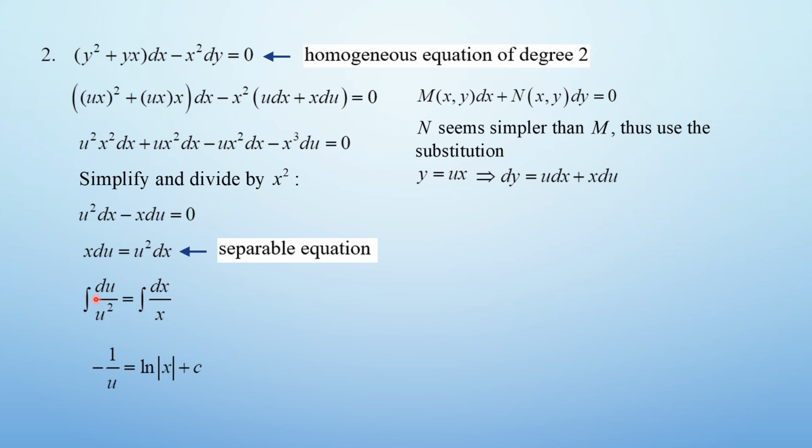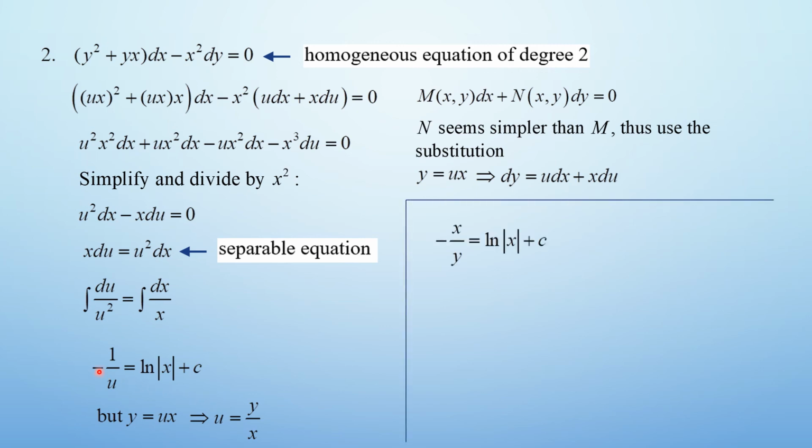And when we integrate 1 over u squared with respect to u, the answer is negative 1 over u. Integration of 1 over x with respect to x is ln of absolute x plus a c. But we know that y is equal to ux, and therefore we need to replace this u by y over x. Because u is the newly introduced variable, whereas the original variables in the equation are y and x.